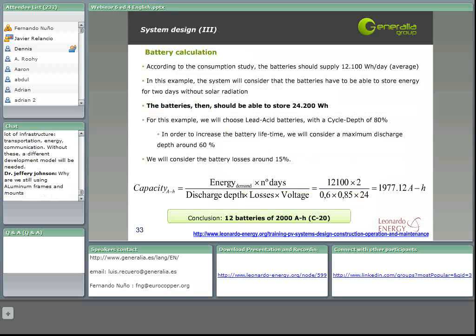If we consider now the battery losses of around 15%, we will get to the formula to calculate the capacity, which is at the bottom of this slide. You can see that the capacity calculated in order to be able to give 12,100 watt-hours per day will be 12 batteries of 1,977 ampere-hours.